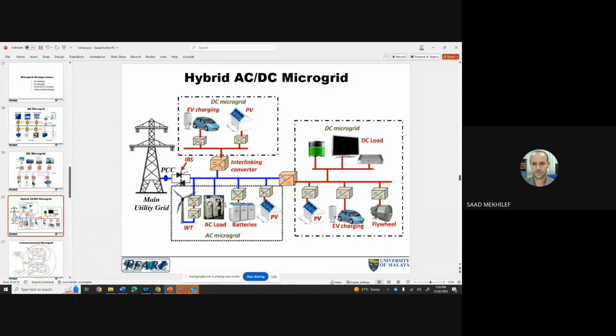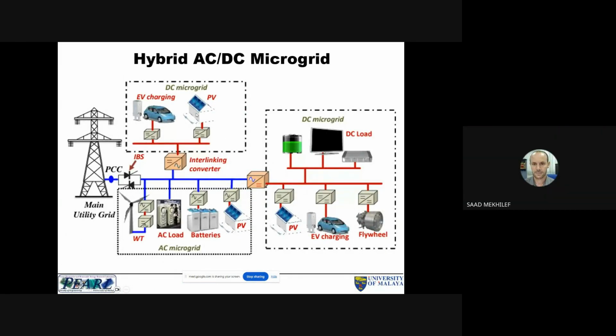So this is a hybrid microgrid. Can you see the slide? Yes, Professor. The word hybrid here means a combination of two different types of microgrids, AC and DC. That's why we call it hybrid.